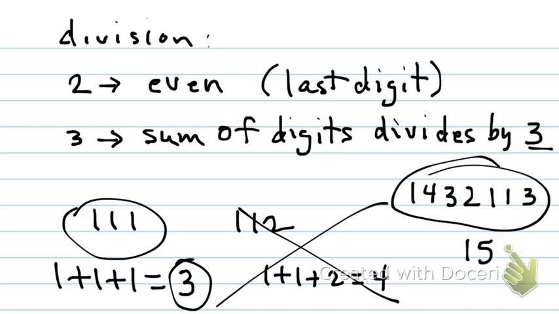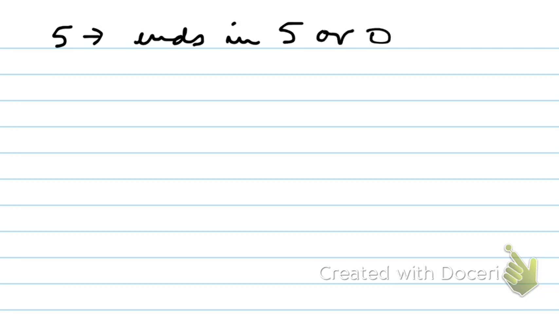Okay. Now, there are other rules for other numbers. I'm not going to go through all of them. I will go through 5. It ends in what? 5 or 0. A 5 or a 0, either way you say it, doesn't matter, right? How do you know it's divisible by 10? Ends in 0, right?